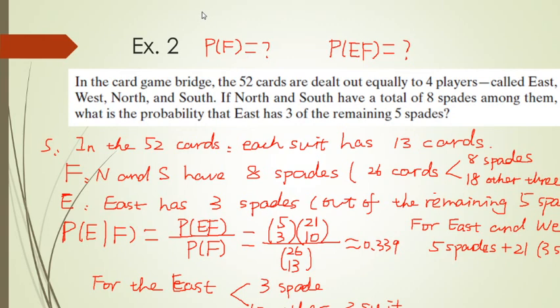You have 52 cards, choose 13 for the first player, and then for the second player, 39 choose 13. Then the third player, 26 choose 13, and the last one, 13 choose 13, is actually 1.